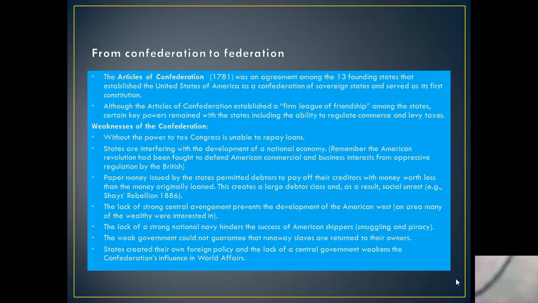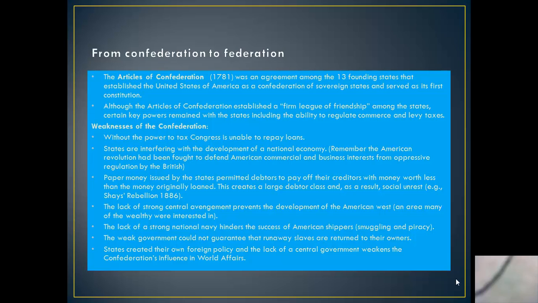Also, the lack of a strong central government prevents the development of the American West, an area many of the wealthy were interested in because they already had purchased land in the West. The lack of a strong national navy hinders the success of American shippers because of smuggling and piracy.